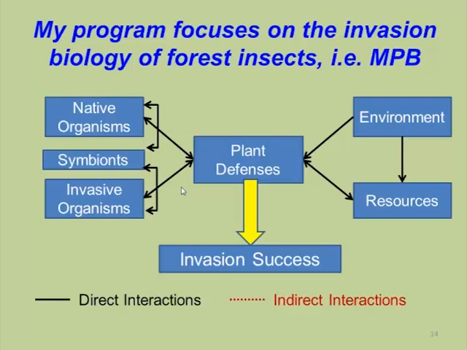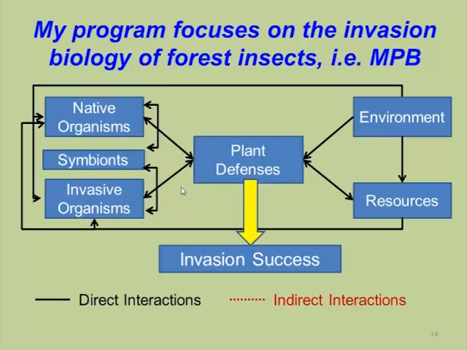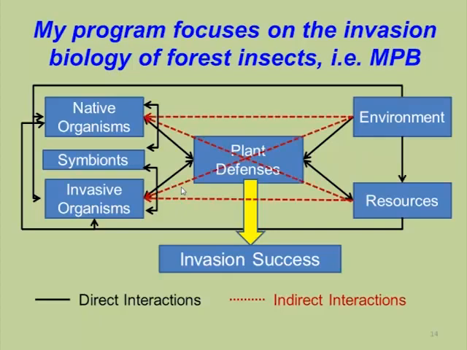When we're talking about organisms, especially herbivorous insects, they are associated with symbionts. This environment or resources also has a direct effect on organisms. That's really not the focus of what I do. I look at the indirect interactions. When I say indirect interactions, those are the interactions that usually go through the plant defenses.